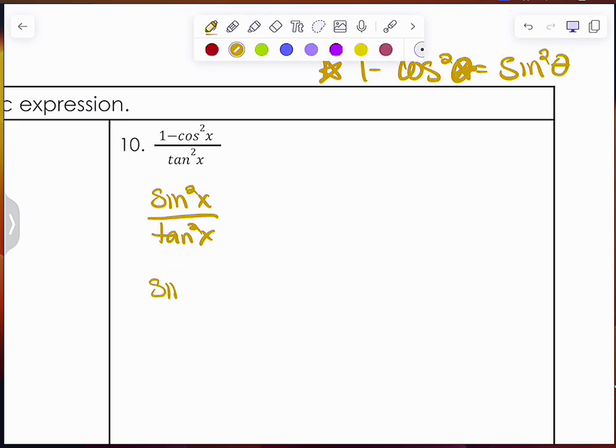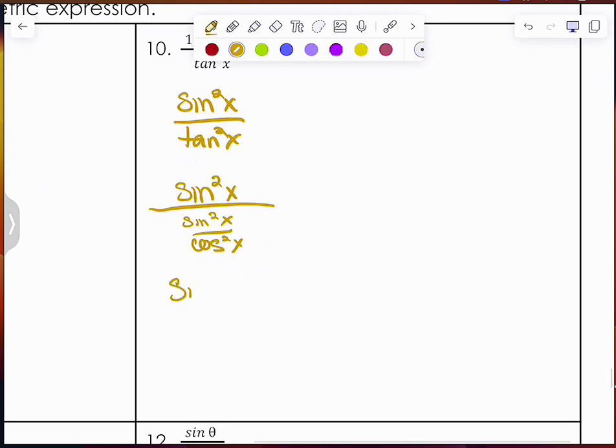And now I've got sine squared x divided by, tangent is sine over cosine. I'm going to rewrite this as multiplication by the reciprocal. So times cosine squared over sine squared.